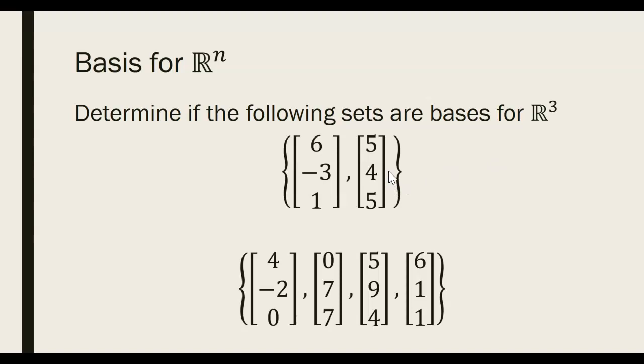Now, the reason this first one cannot be a basis for R3 is because when you create the matrix A, it is going to have 2 columns and 3 rows. If you row reduce that, you're bound to get a row of zeros because you can only have 2 pivot spots.